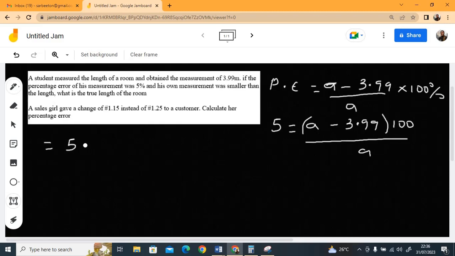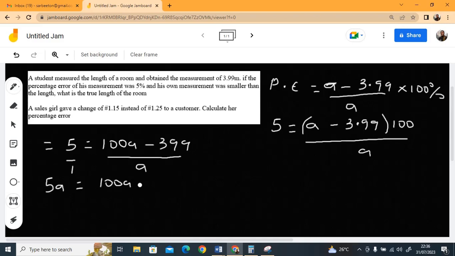So 5 equals 100A minus 399, all over A. This is over 1, so all you do is cross multiply: 5A equals 100A minus 399.